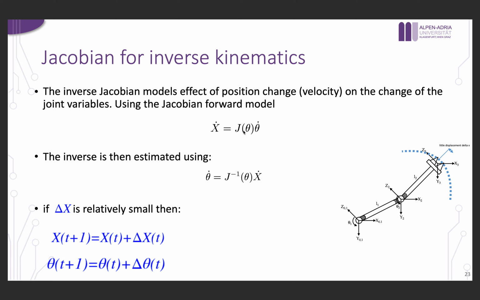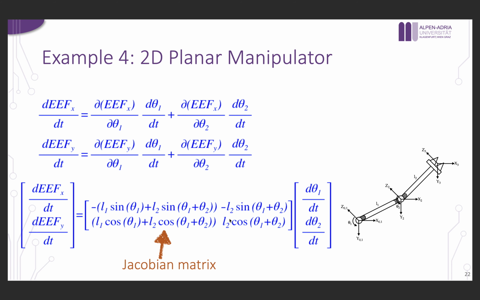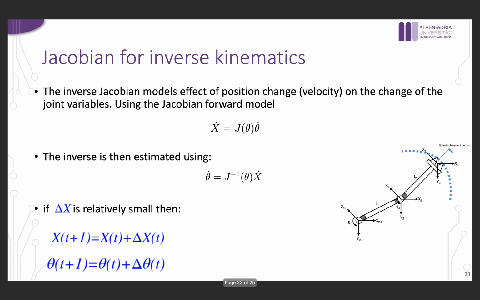So we have the Jacobian matrix, and we always need to invert the Jacobian matrix in order to get our inverse kinematics. So we always need to find the Jacobian matrix first, which is not that complicated. And we need to invert the Jacobian matrix, which is just an inverse of a matrix, and then we can multiply it with the change of the position. And the change of position is represented by the path of movement.